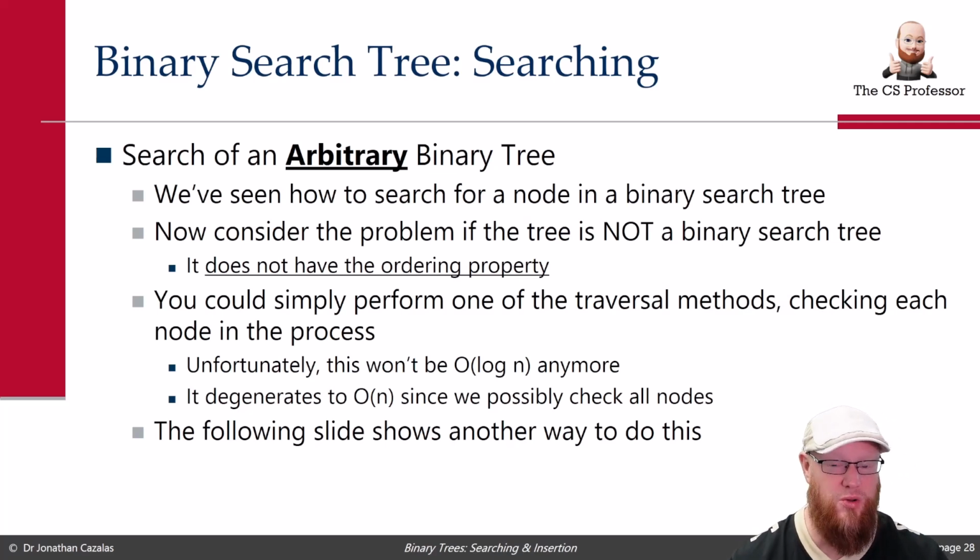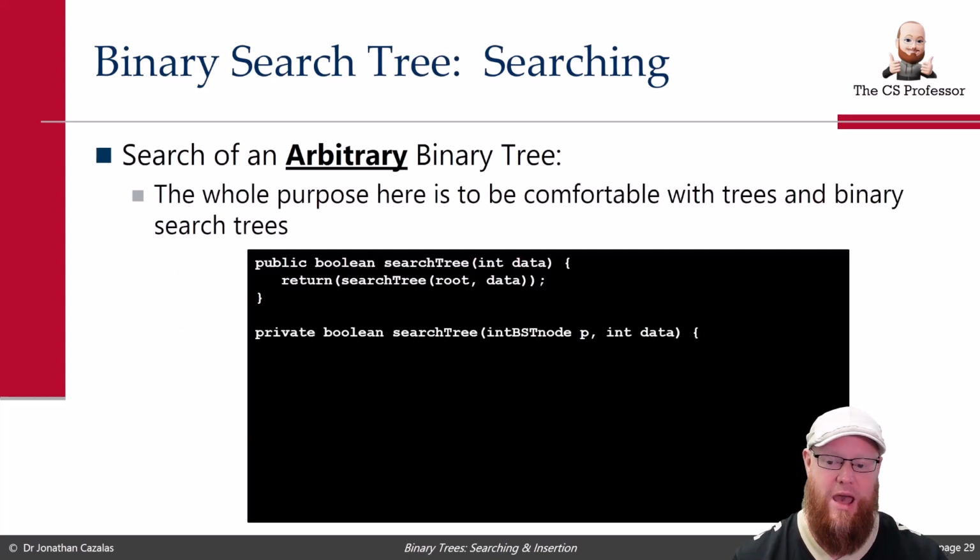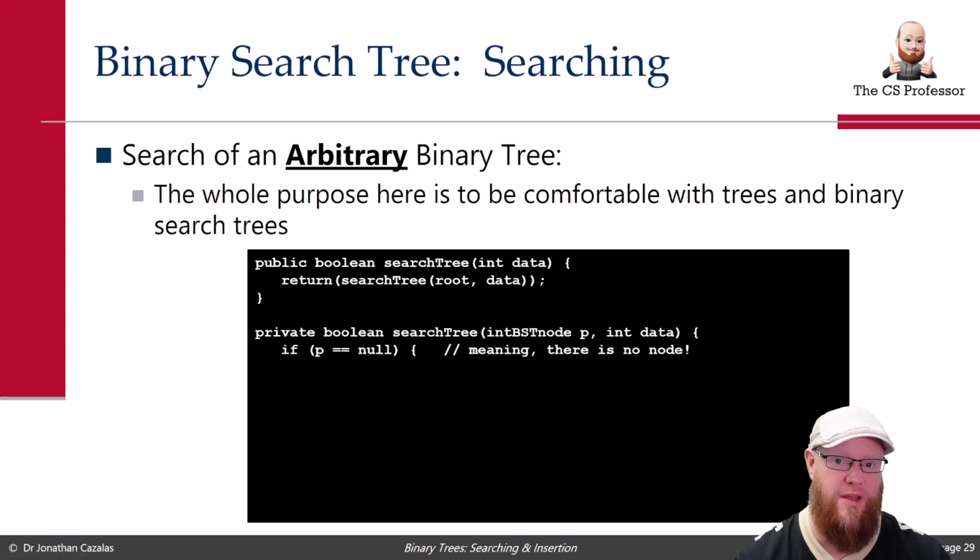You'd have to then return true or false if you ever find it, but check out how else we can make this happen. We have here the searchTree method. It's looking for this data value within the tree that's currently rooted at P. So we start by calling this method with the root. We look for the data value. If the root is null, if P is null, there's nothing to be found, so we return false.